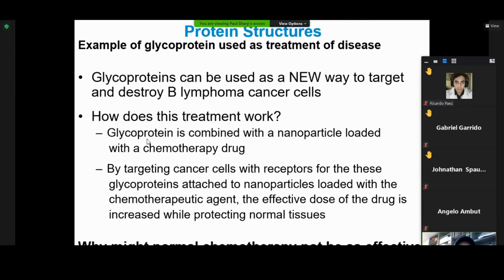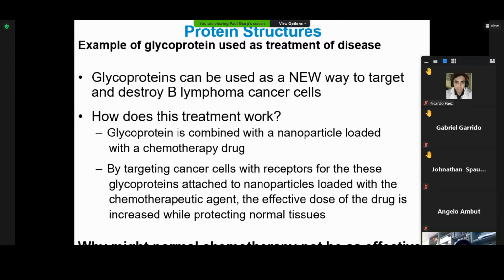So, it turns out, for example, on these B lymphoma cancer cells, they're going to overexpress CD22, which is a co-receptor that these B cells are going to display. Okay, the CD stands for clusters of differentiation, and it's CD22.